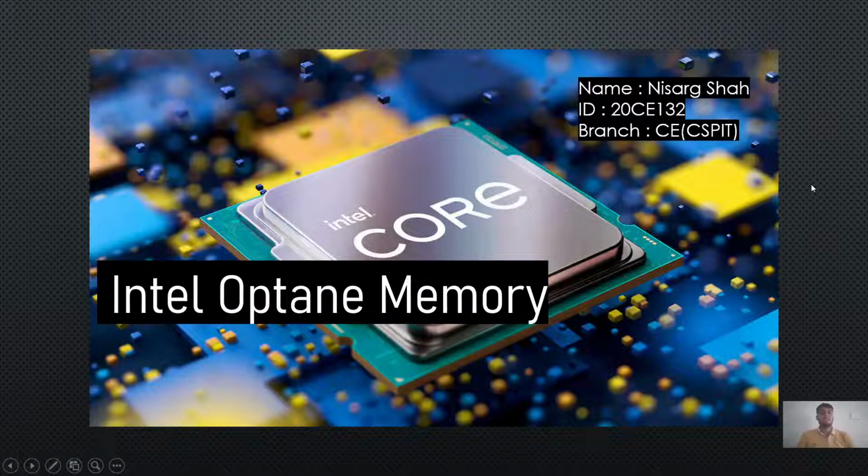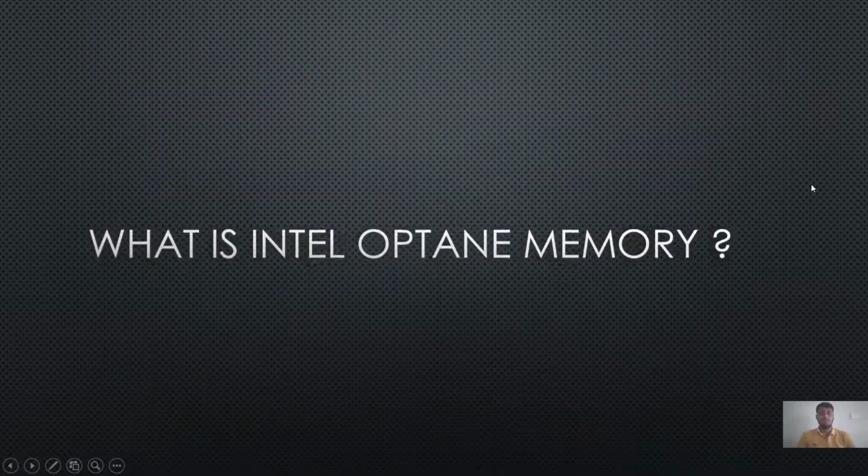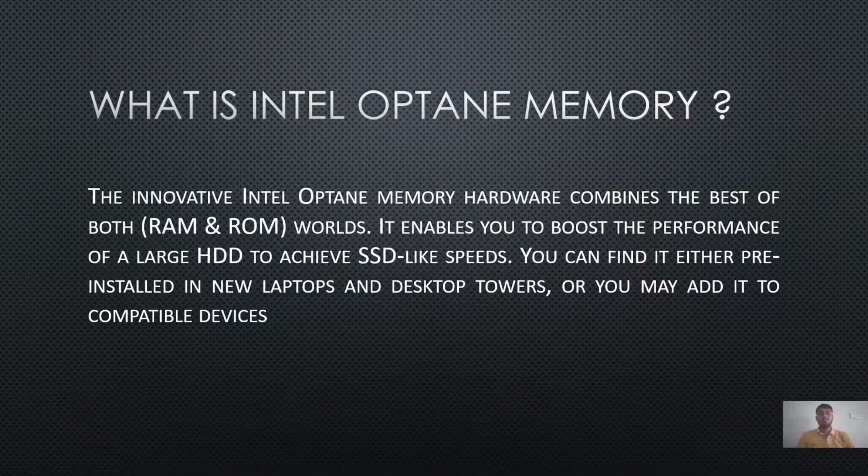So let's start with what is Intel Optane Memory. Intel Optane Memory is basically the innovation led by Intel for the hardware called Optane Memory, which is a combination of the benefits of both worlds of RAM and ROM.